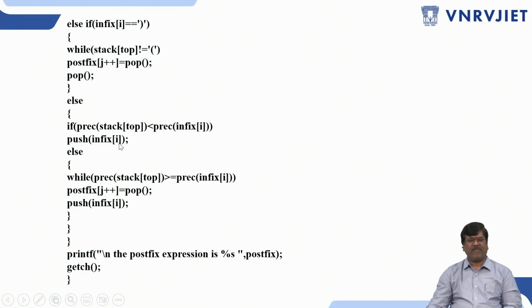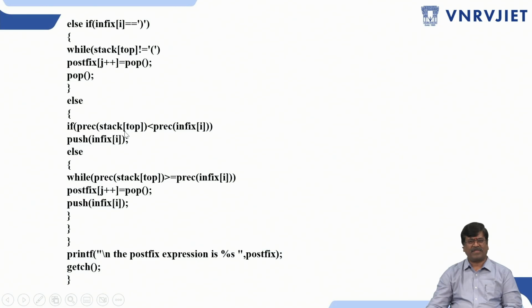Next, if you want to push a new operator to the stack, we check the precedence: the precedence of the existing top operator in the stack and the precedence of the operator you want to insert now. If the existing operator's precedence is low and the current operator's precedence is high, you can directly push.